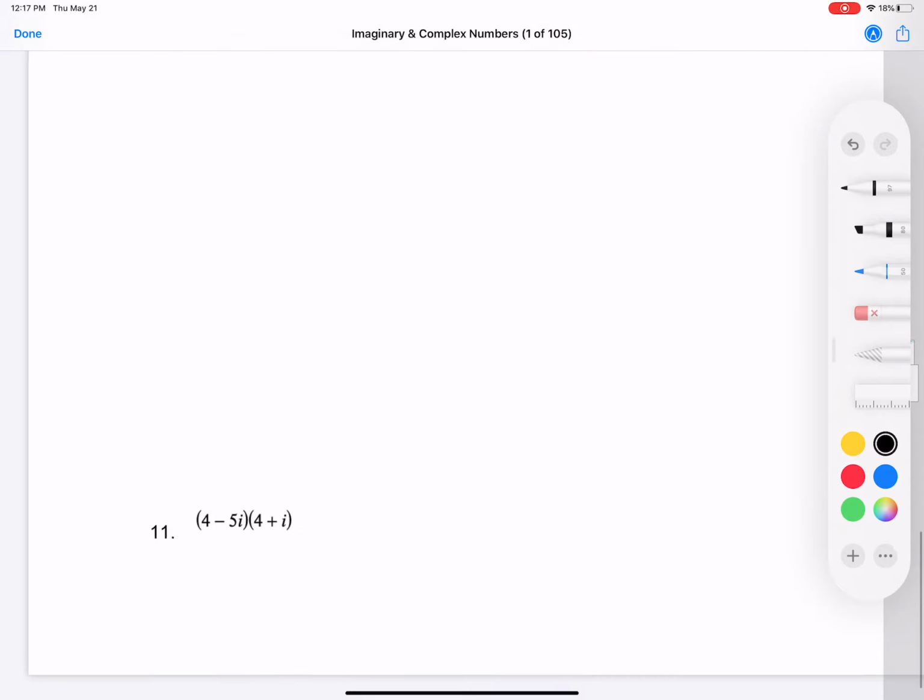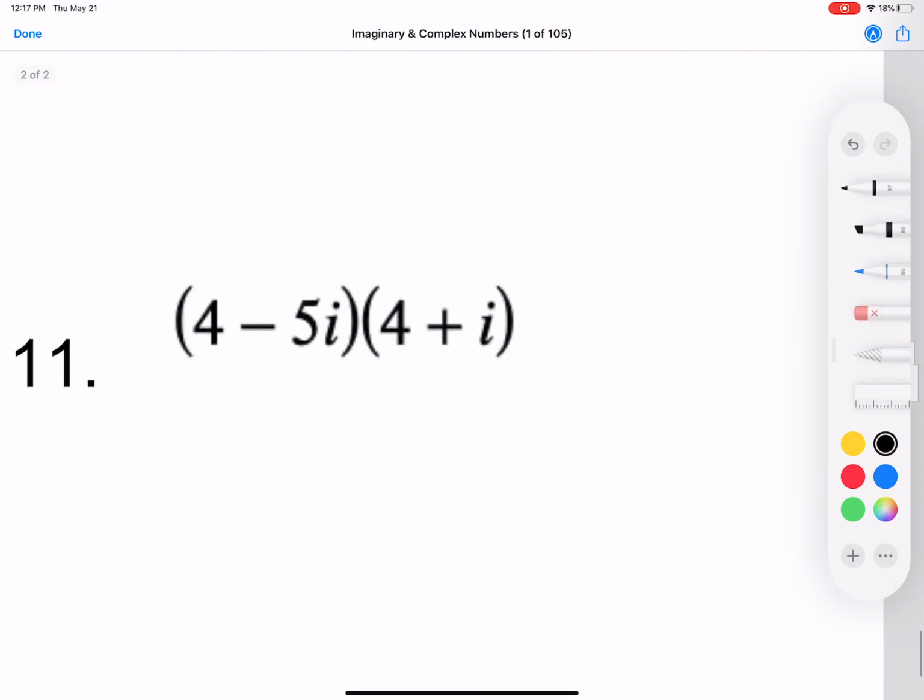All right, number 11. For this one, you're actually multiplying. So you're going to FOIL. You're going to multiply this all out. I'm going to do it in a few steps for you. For the first part, I'm going to multiply this 4 inside to everything. So this is going to give me 4 times 4, which is 16.